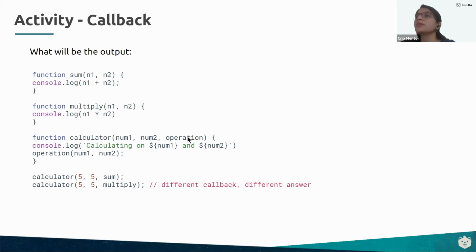That is exactly where callback comes in handy. Operation is declared as a parameter, Ramandeep, which is getting the argument sum in the first call and multiply in the next call. So that's a parameter we define during the function definition. It's just a name. You can even have num3, num4, any name. It's just a name that is going to hold the third argument passed.